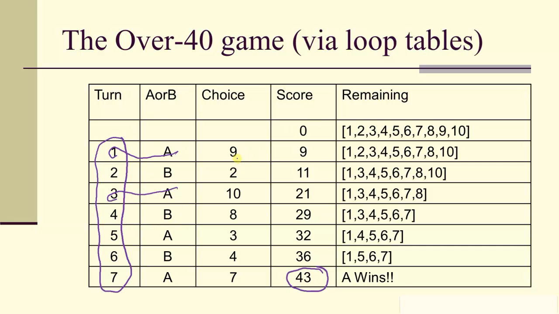We're going to randomly make a choice, add that to the score, randomly make a choice, add to the score, and we're going to do that as long as, or while, the score is below 40. Once it exceeds that, we end the loop and determine the winner.